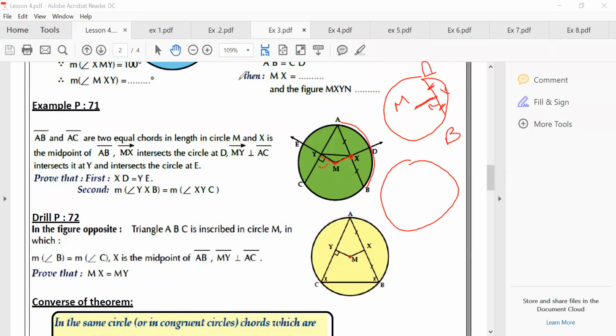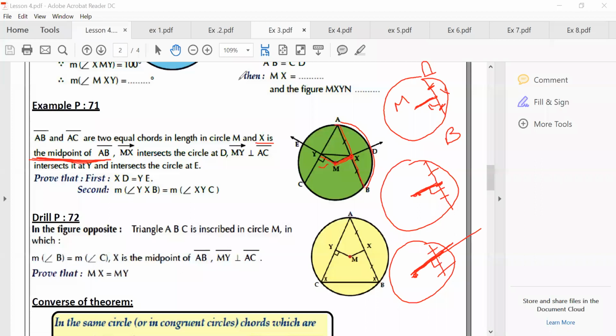Another thing: if I have a chord and a midpoint on this chord, and a line joining the center to the midpoint, then this line is perpendicular. The third thing we took in the same lesson: if I have a chord and the center of the circle, and a line drawn that is perpendicular and through the midpoint, you deduce that this line passes through the center. So from the given that X is the midpoint of AB, MX is perpendicular on AB.